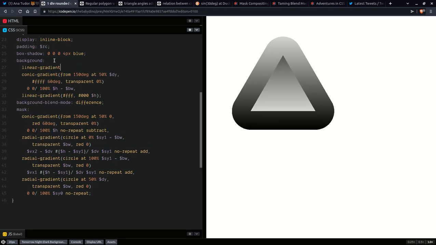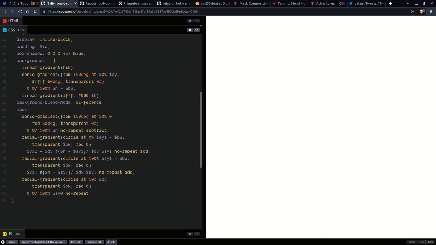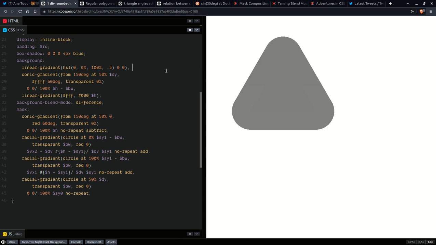So we're going to have a linear gradient, HSL. This one is going to be 0% saturation, and we can say that we have 100% lightness and 0.5. This is probably going to make it too light. And of course, as I mentioned earlier, we're going to need a normal blend mode.